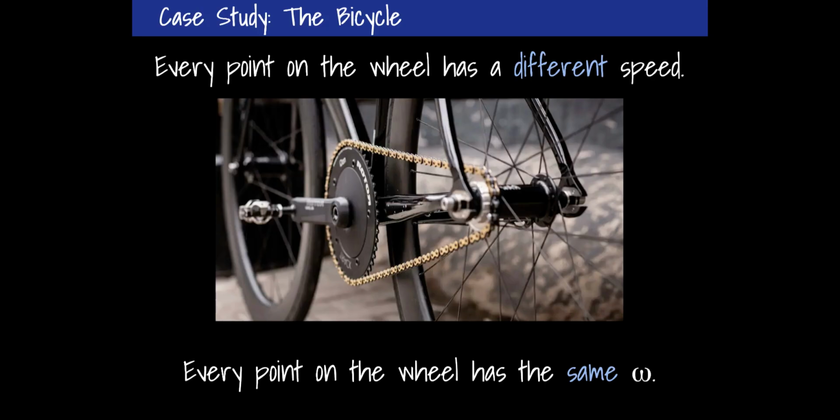Because while every part of the wheel has a different speed, every part of this wheel has the same angular speed. So I can use omega to describe the rate at which this wheel turns. And when I say there's an omega, I'm talking about the whole wheel. I don't have to worry about the details according to the radius. The whole wheel has the same angular speed.